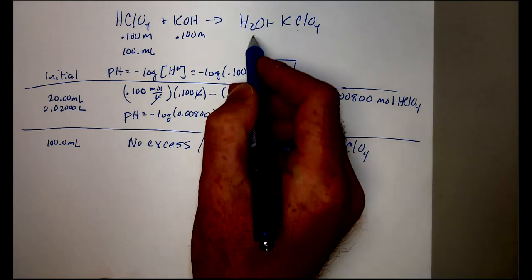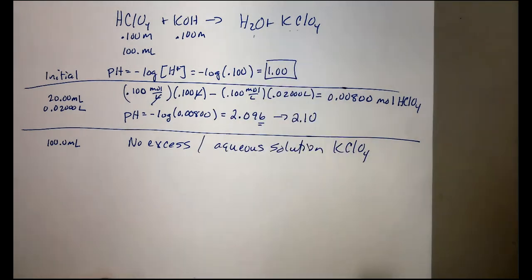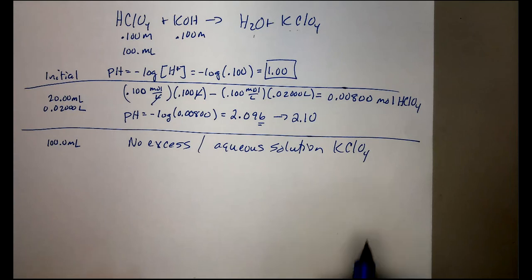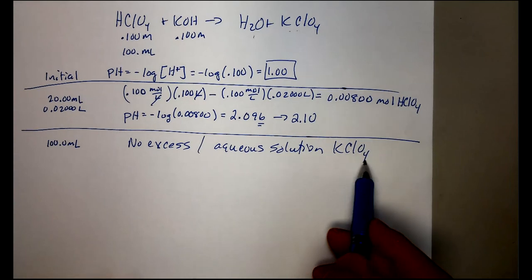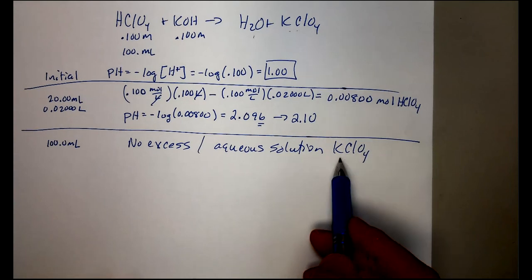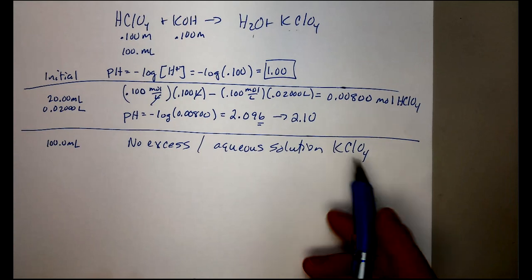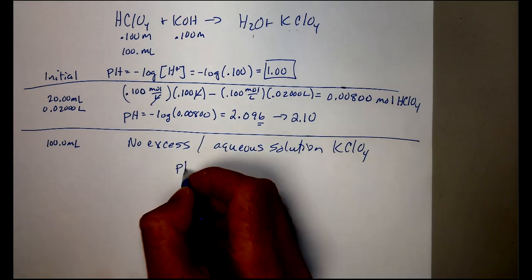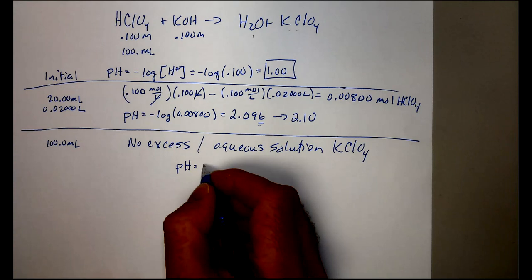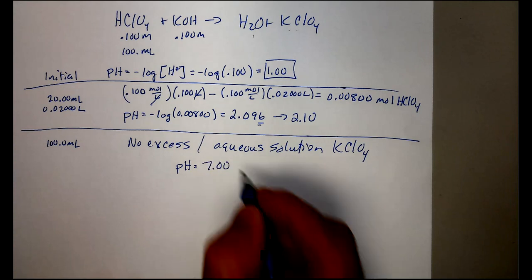The water's not going to affect the pH. And so essentially I've got a neutral solution of water with potassium perchlorate. Perchlorate comes from perchloric acid, which is a strong acid. The potassium comes from potassium hydroxide, a strong base. So that salt is neutral. Without really doing any calculations, the pH at the equivalence point should be 7.00.